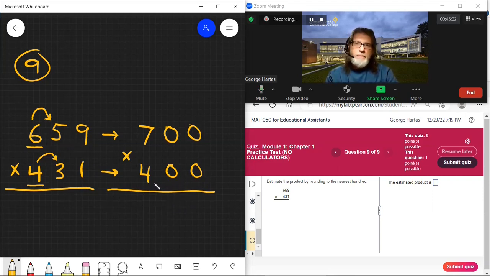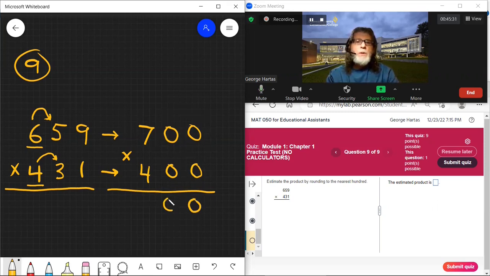When the numbers end in 0, all you have to do is count the number of zeros to the right of both numbers. So 1, 2, 3, 4. We have 4 zeros to the right of the numbers. We can just simply bring them down.